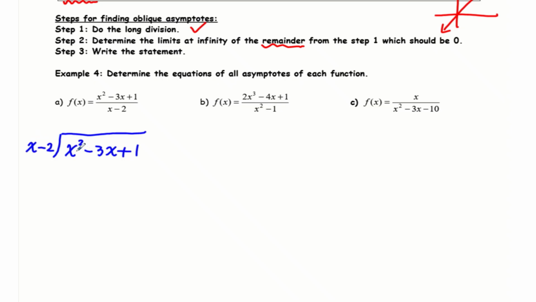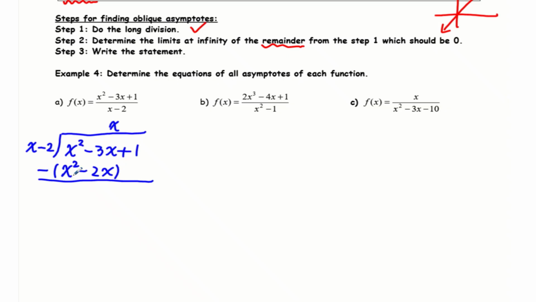Then first term divided by first term, x squared divided by x is x. We put the x at the tens place. Then we multiply: x times x is x squared, minus 2 times x is minus 2x. Then we subtract. x squared minus x squared is 0x squared.